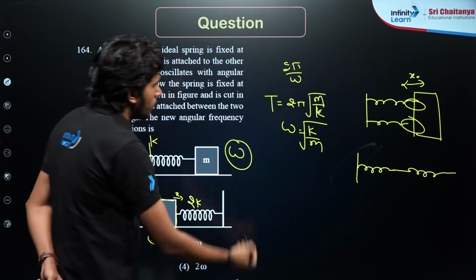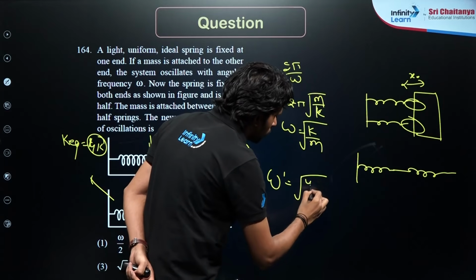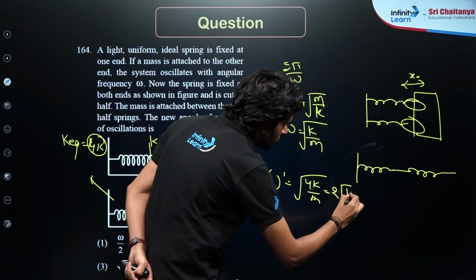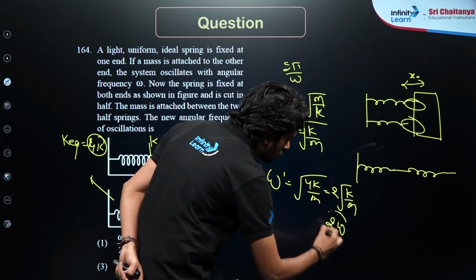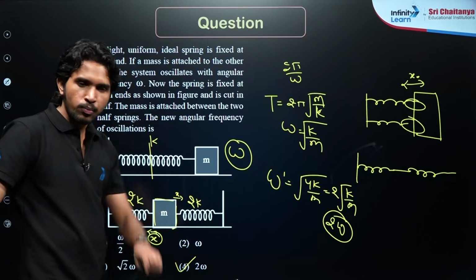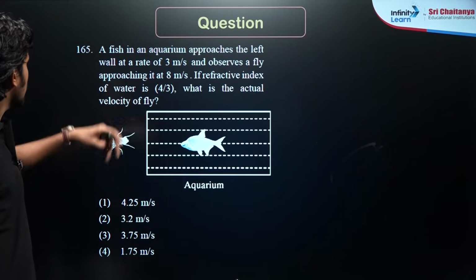Now apply that in the formula. So omega dash will be root over 4k by m, that is 2 root k by m, and root k by m is omega. So the final answer is 2 omega, option 4. I hope you understood. Okay, then let's see the next problem.